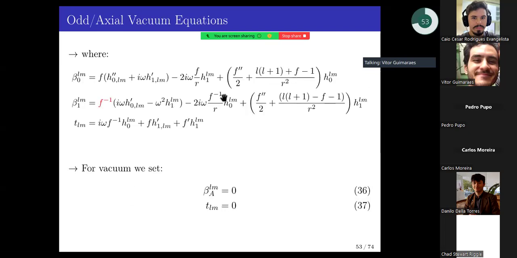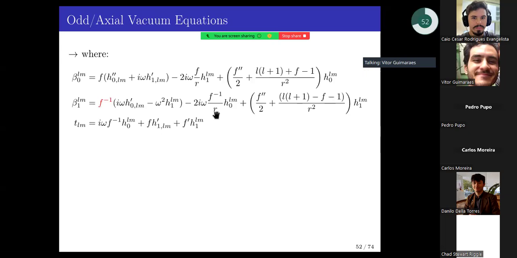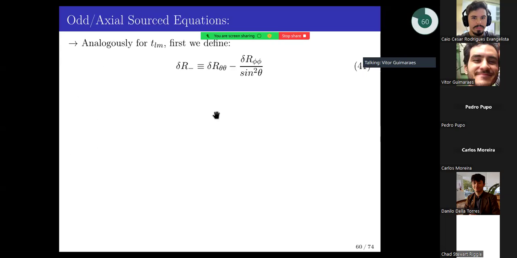What I did was construct two different Einstein equations: I plugged in only the odd part to obtain the odd equations, and then plugged in the even part to obtain the even equations, which I think is computationally a much easier trajectory to obtain these equations.